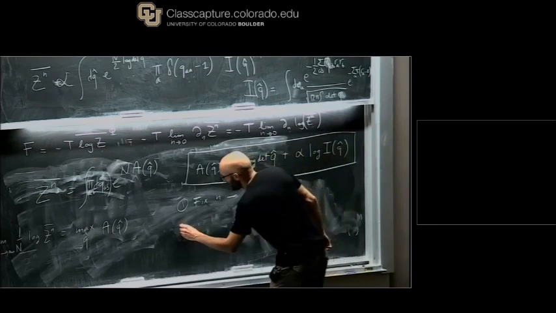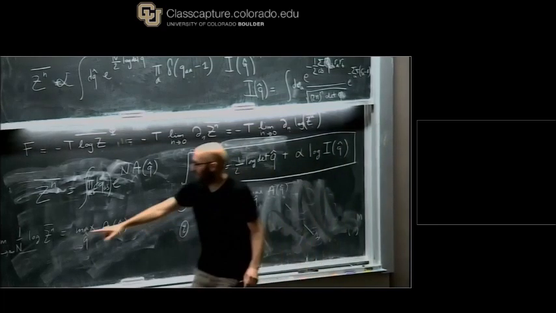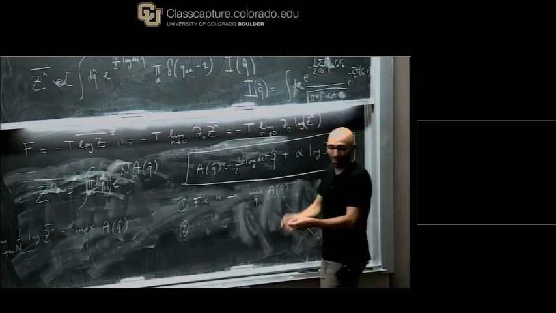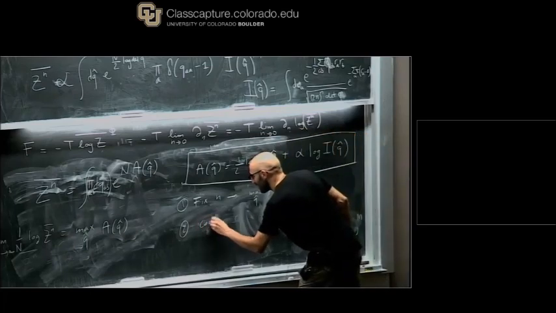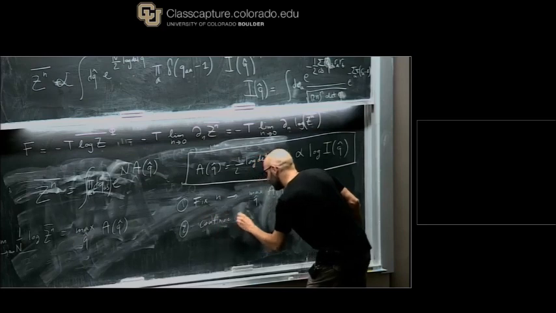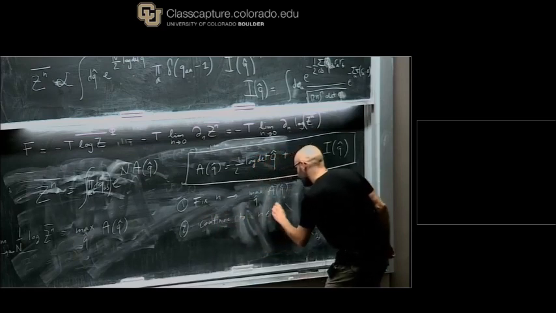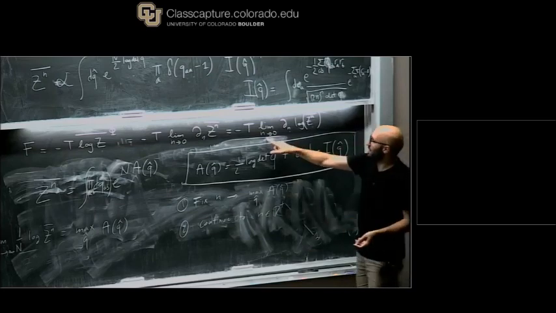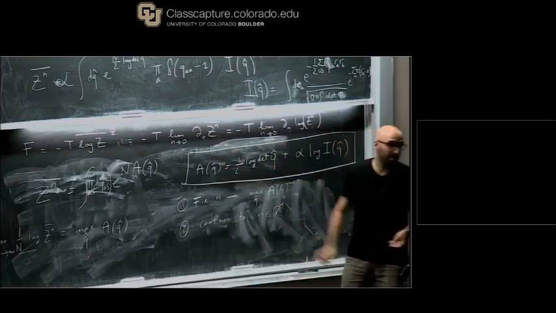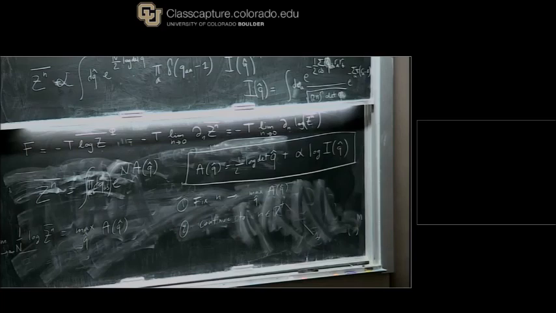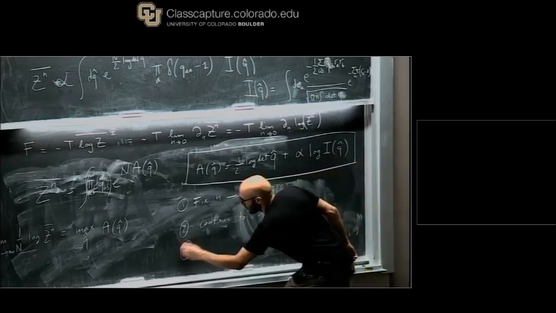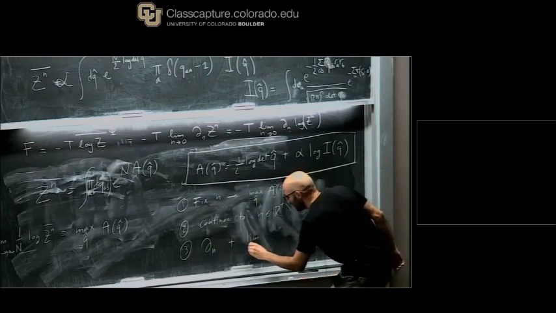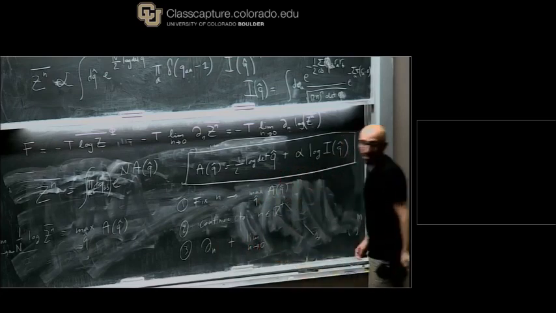This gives you the logarithm of Z to the n, and then you have to continue the result to real positive n, take a derivative with respect to n, and take the limit n to 0.